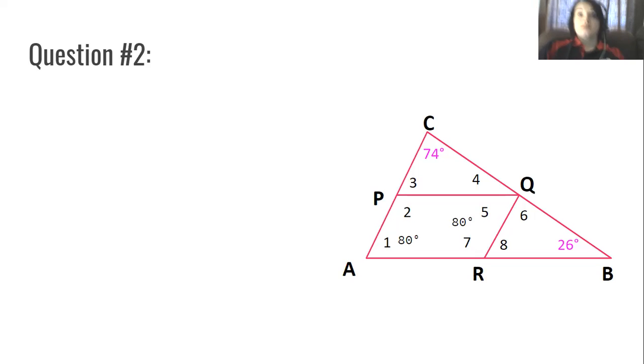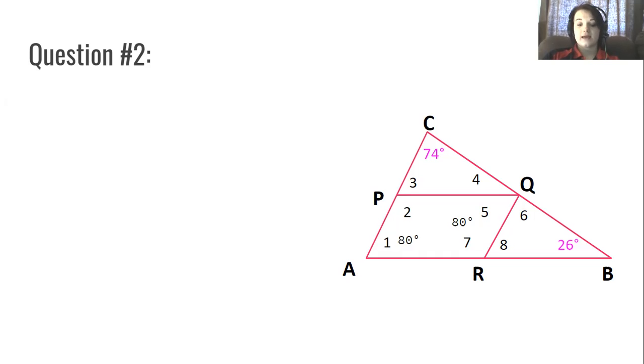Now, and this is a fun thing, with parallelograms, instead of all their angles adding up to 180 degrees like a triangle, it's going to be 360 degrees. So what we can do, and I've got my calculator right here, is add 80 plus 80, and we know that angles 1 and 5 make up 160 degrees.